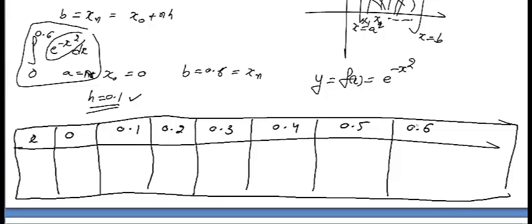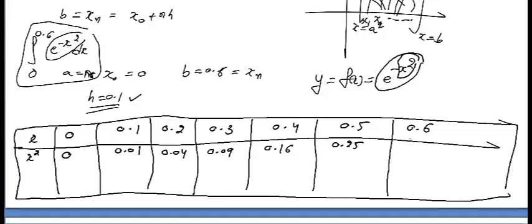So here this is the function, equal to y. I will find this y in two steps. First I will find the value of x square. So 0 square is 0, 0.1 square is 0.01, 0.2 square is 0.04, 0.3 square is 0.09, 0.4 square is 0.16, 0.5 square is 0.25, 0.6 square is 0.36.